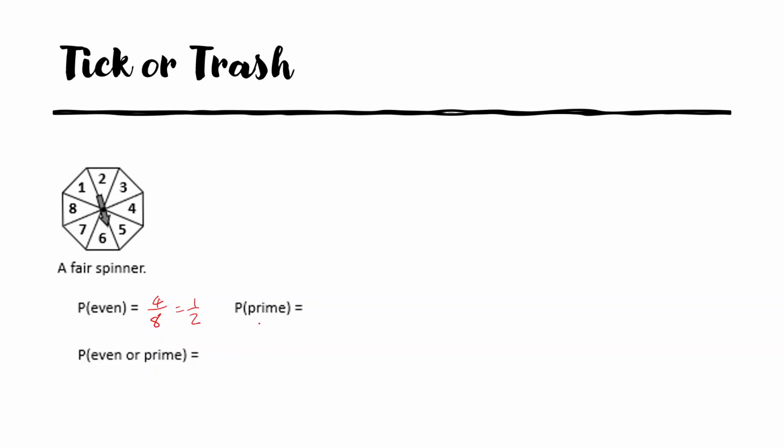The probability of it being prime, would be, we've got 1, 2, 3, 4, 5 prime numbers. So prime and even is 1 over 8, because we've only got one even prime number.